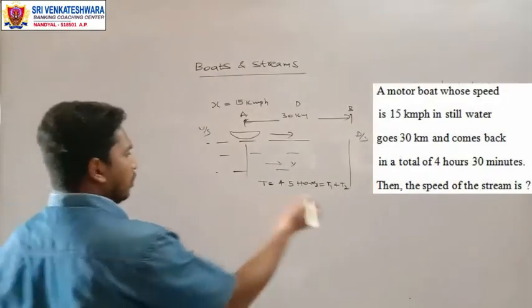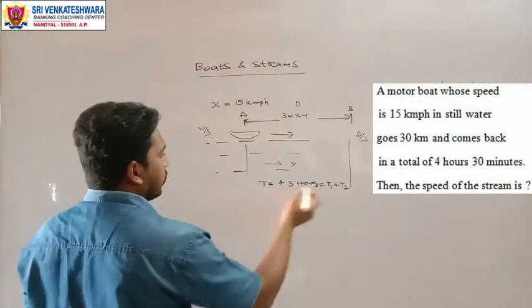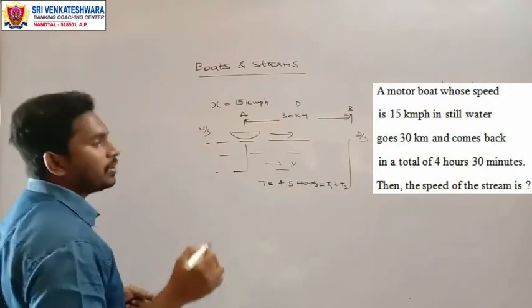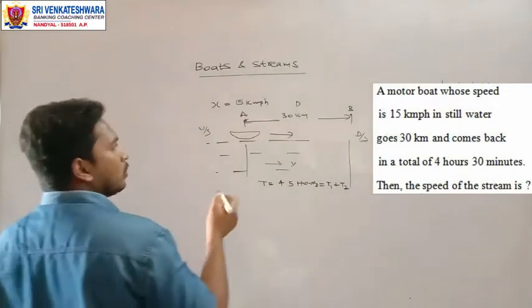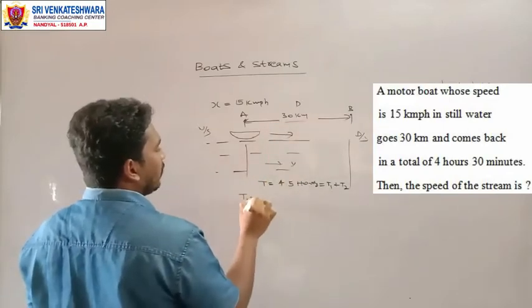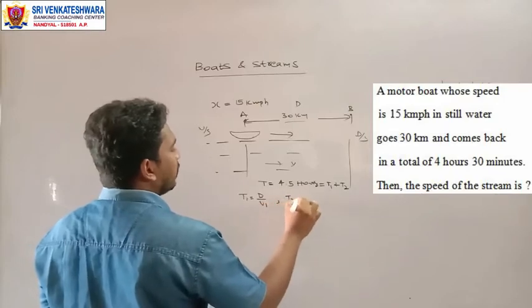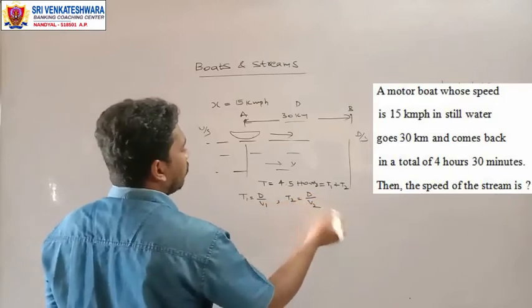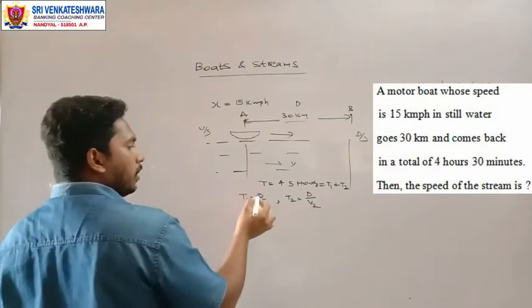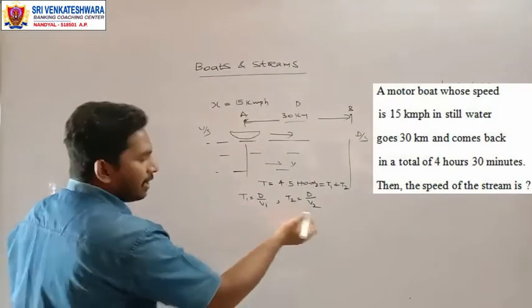So now you just equate this to 4.5 hours. So t1 in terms of d and v1, and in both the cases distance is the same, right? So t1 can be written as d by v1, and similarly t2 can be written as d by v2. Distance is common in the two cases.